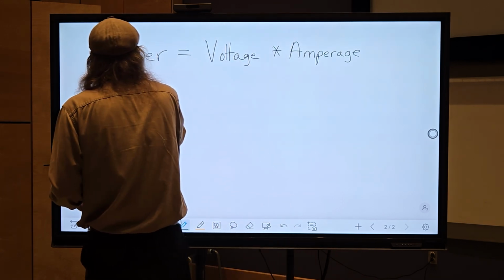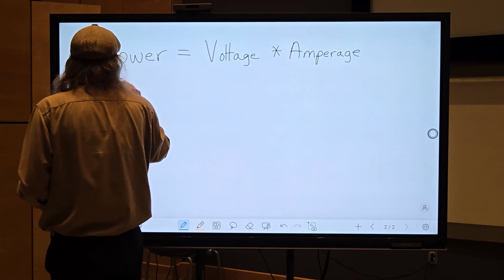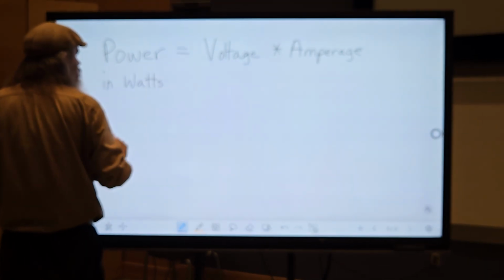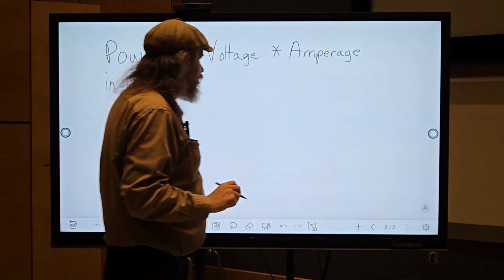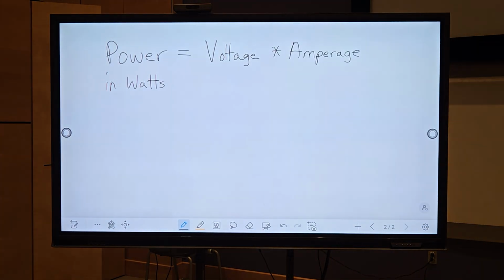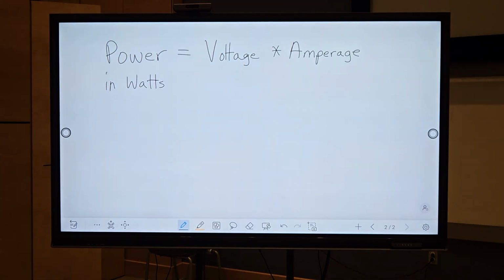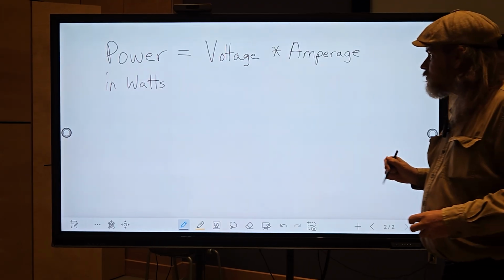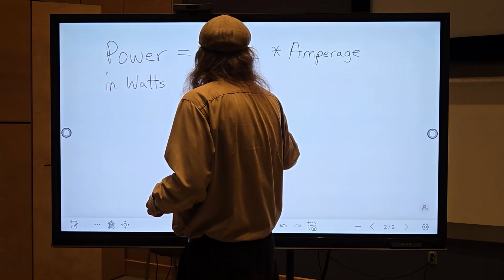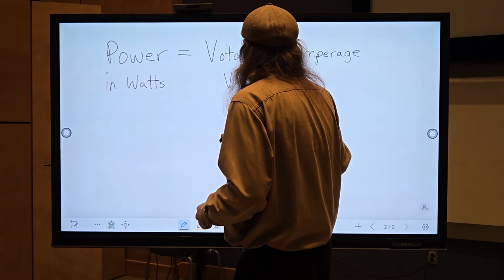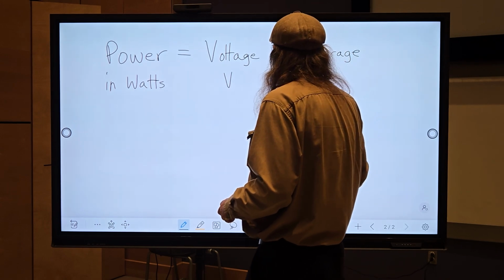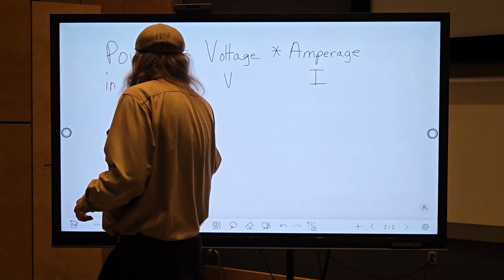And that's in watts. So the equation for power is VI, because the variables used for voltage and amperage are typically V and I. So P equals VI.